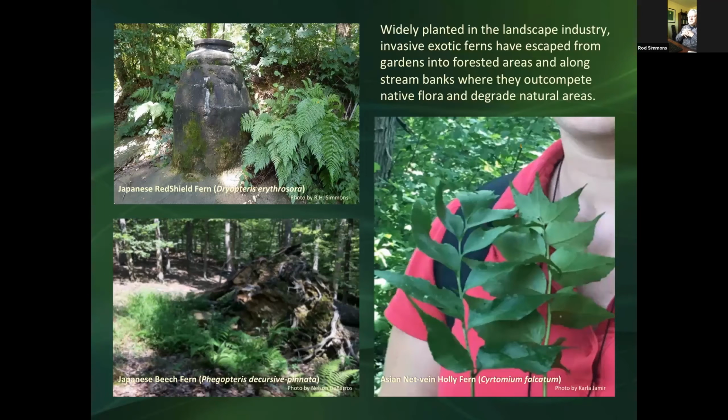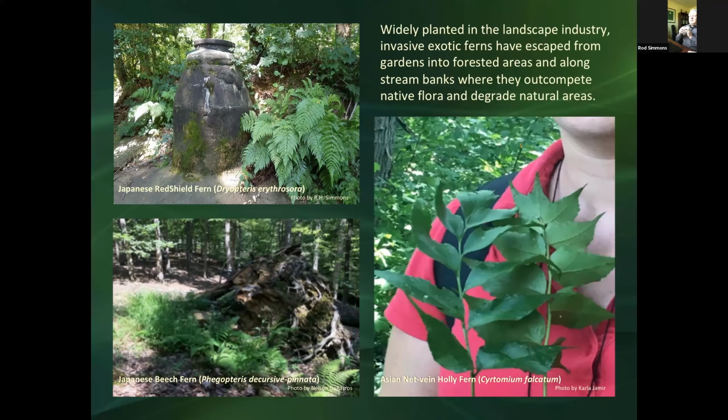A lot of people wouldn't imagine that ferns are a problem, but they have been. They especially grow in stream valleys and along streams where you have exposed mineral soil, such as the top left frame here. The Japanese red shield fern is one of our very worst ones. That's all over the landscape industry.